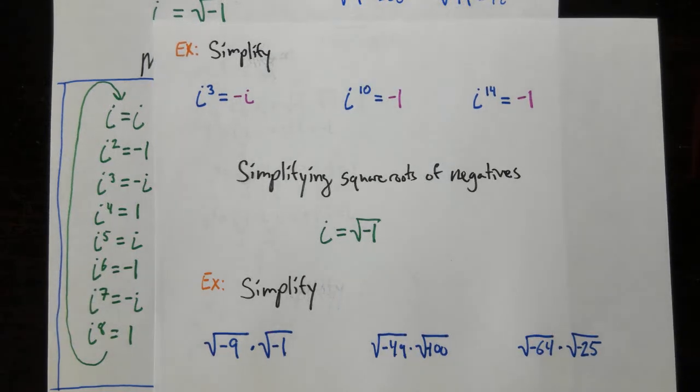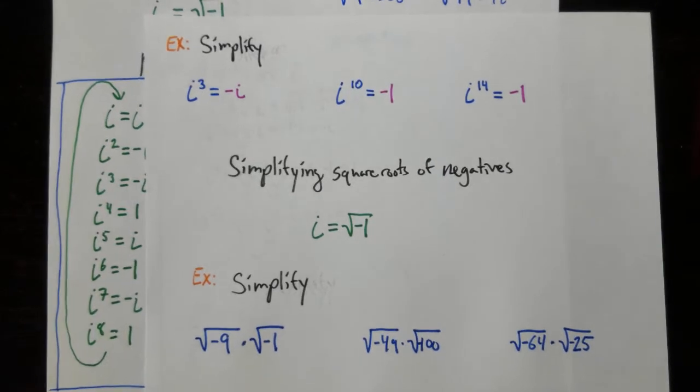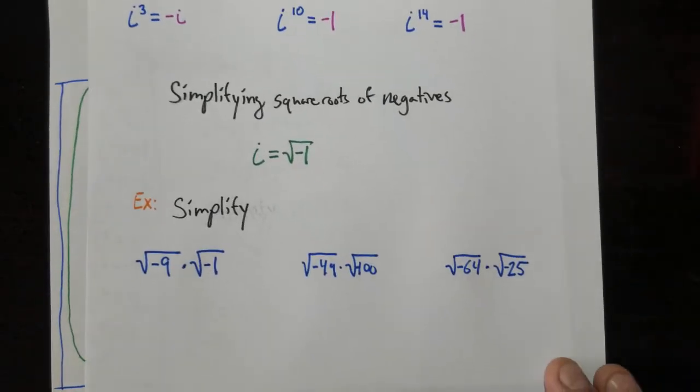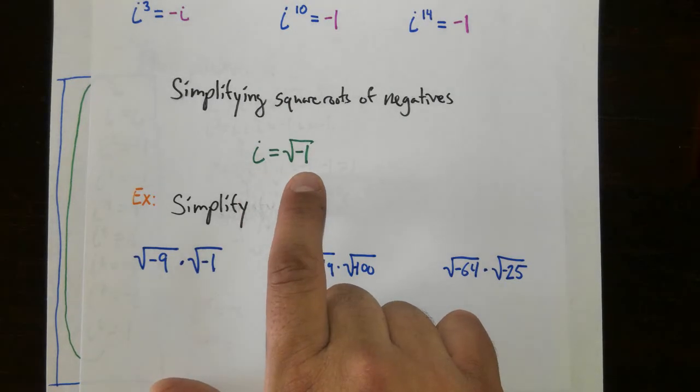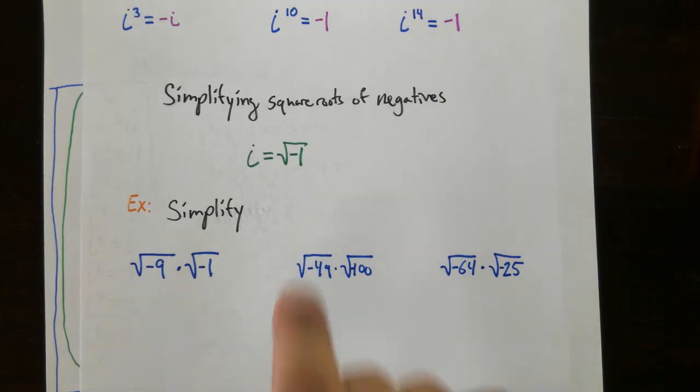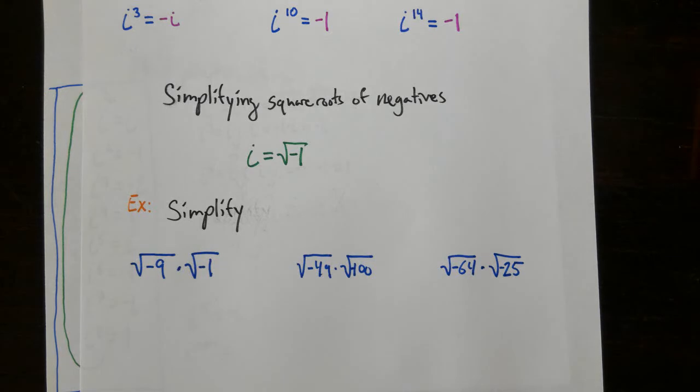All right. Let's go on to another concept, simplifying square roots of negatives. So let's recall this idea that i is equal to the square root of -1. Here we're asked to simplify multiple square roots of negatives that are multiplied together. So let's see here.